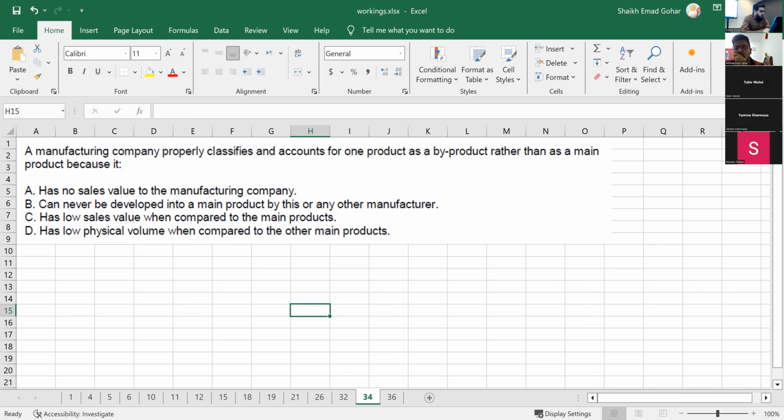What is a main product? One which has high value. So something which is remaining from the process, some minor item, is called a byproduct. Like when you are cutting wood in a sawmill, you will have some dust also.